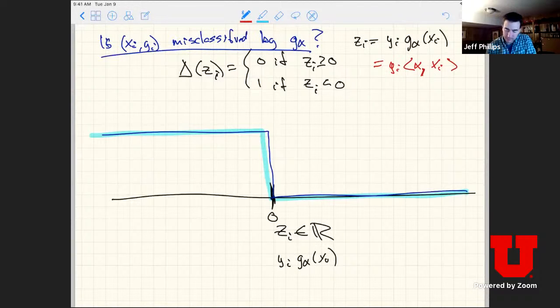So I'm doing yi times this, and it's a linear function. And so what the linear function allows is for this threshold to move back and forth, right? That's all it would allow, effectively, with alpha. It changes, for x, what my zi value is, right?